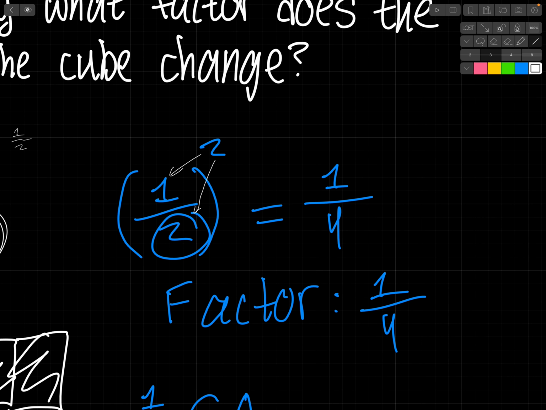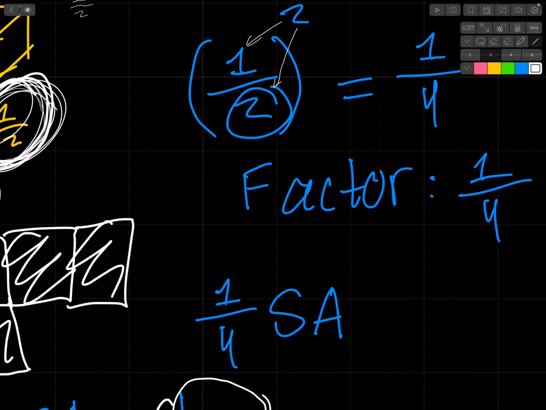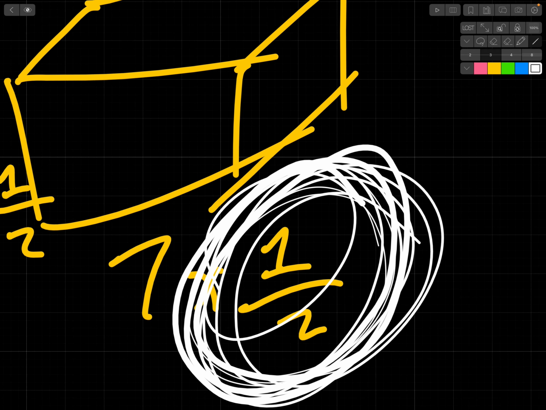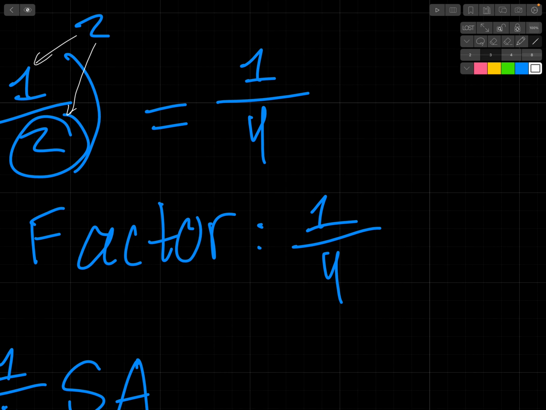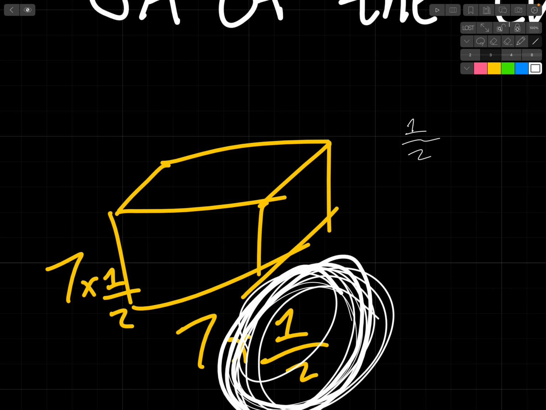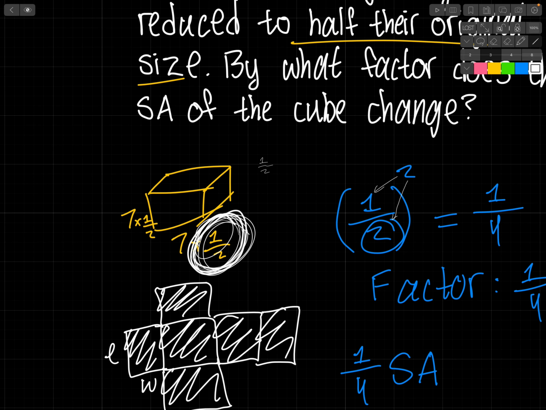That is the scale factor, aka K. So now we know that the new surface area of the cube that is being reduced by 1/2 is 1/4 of the original surface area of this cube. So essentially, the new surface area is reduced to 1/4 of the original surface area.